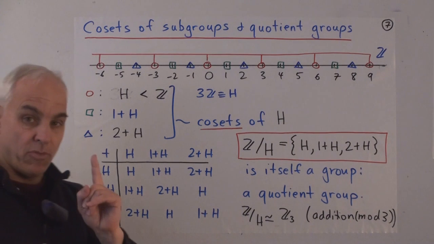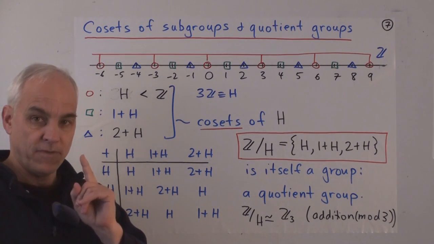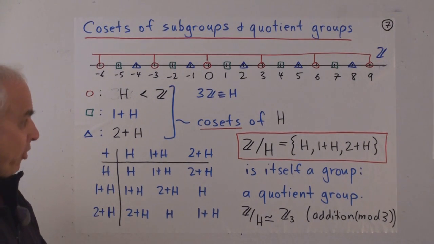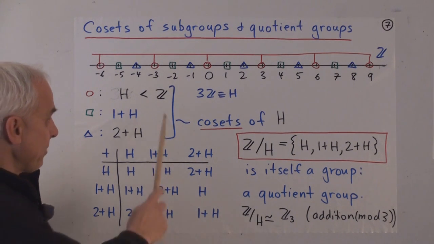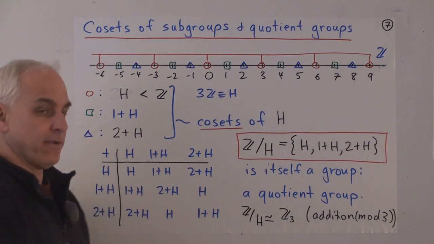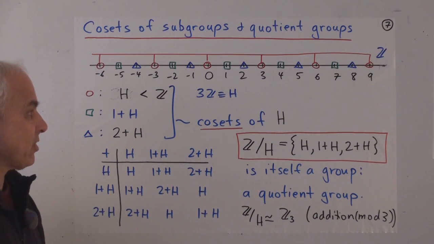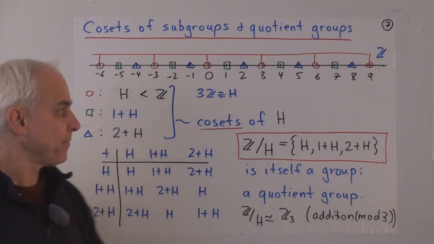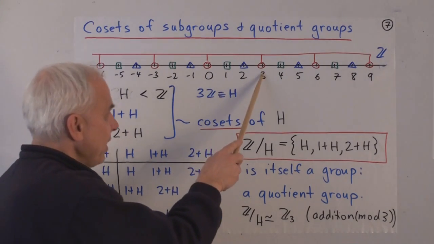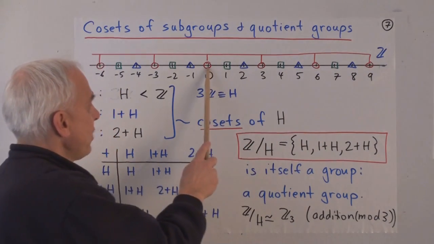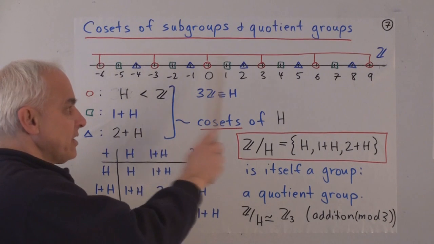And let's consider a subgroup of the integers. The subgroup that we're going to choose is the subgroup 3Z. We're going to call that H. So 3Z just means all the multiples of 3. 0, 3, 6, 9, as well as the negative ones, minus 3, minus 6, and so on.